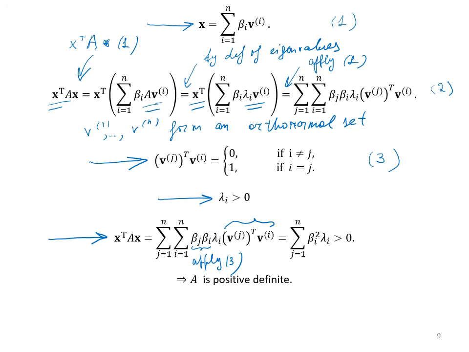Therefore all that is left is the case when i equals j, and in this case beta is simply beta squared. And since we deal with an orthonormal set, the L2 norm also equals 1, and our lambdas by our assumption are all positive, and the entire product is positive. So our matrix A is positive definite. This is exactly what we wanted to prove, and the whole theorem is proved.